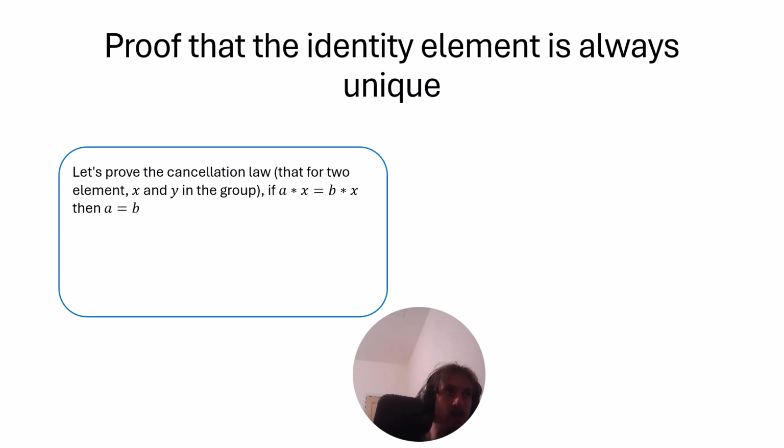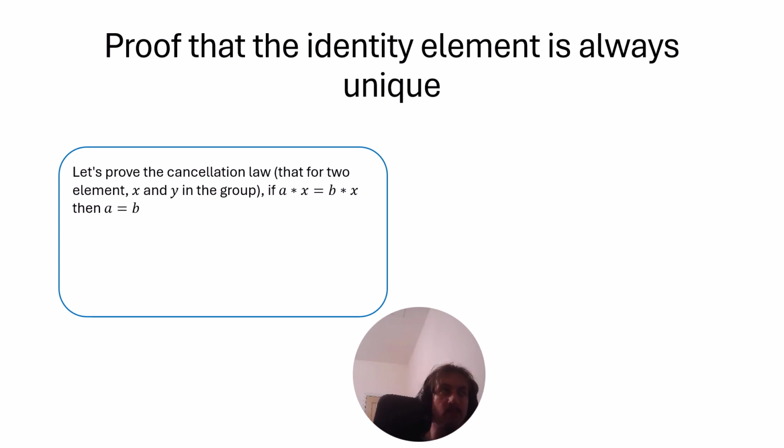Now, an important thing to know is that x to the minus 1 is used to represent the inverse of x. In general, x to the minus 1 isn't going to be 1 divided by x.